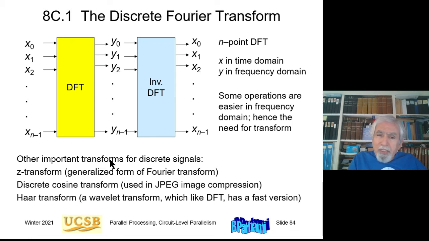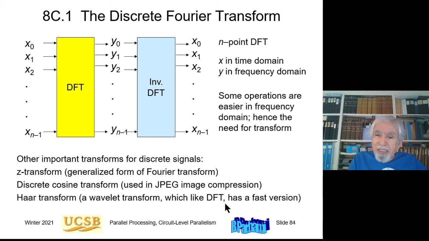There are other important transforms that are considered in signal processing. I just named them here to show you that DFT is just one of many transforms that exist. It's perhaps the most useful. But these other ones, such as Z transform, which is a generalized Fourier transform, discrete cosine transform, which is used in JPEG image compression, and Haar transform, which is a wavelet transform.